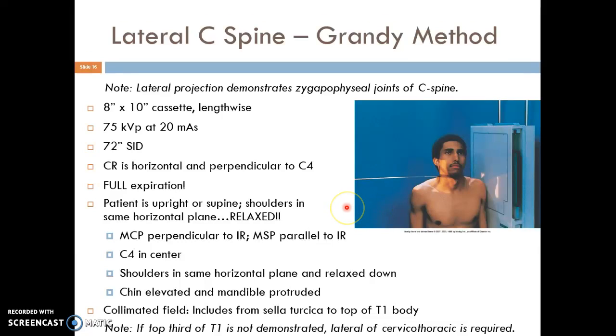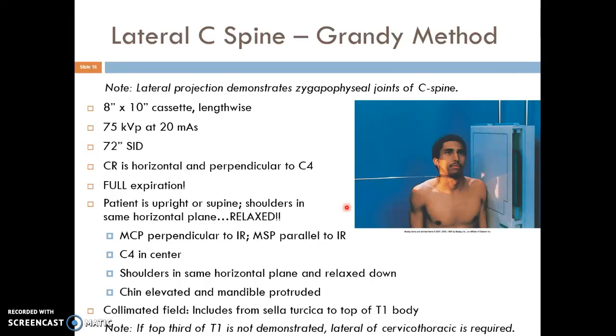Central ray is horizontal and perpendicular to C4. Full expiration. Relax the shoulders, even if it means putting sandbags in the patient's hands to relax the shoulders. Your mid-coronal plane will be perpendicular to the image receptor, while your mid-sagittal plane will be parallel. C4 is in the center.